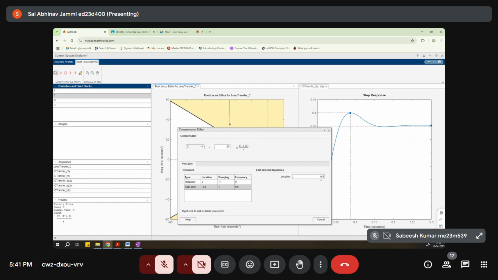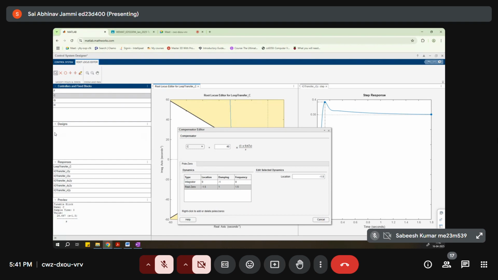So now, to increase the effect of the integrator, when I put my Ki to be 40, the integrator essentially removes the steady state error, right?